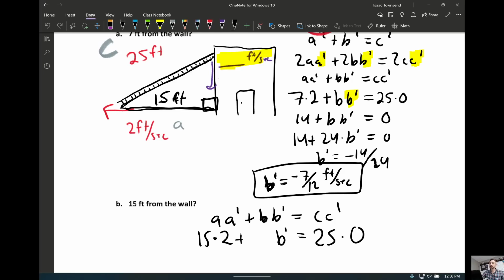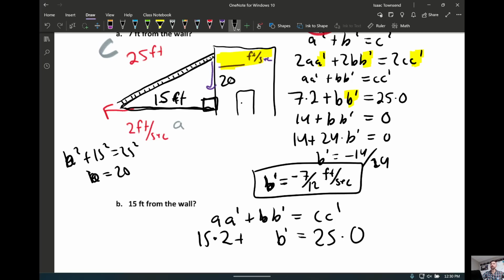If we change this length, it does change this length, because now with the Pythagorean theorem, hypotenuse squared minus leg squared, the square root of that comes out to be 20. Actually, this was B, sorry.